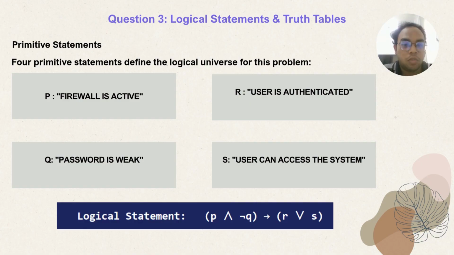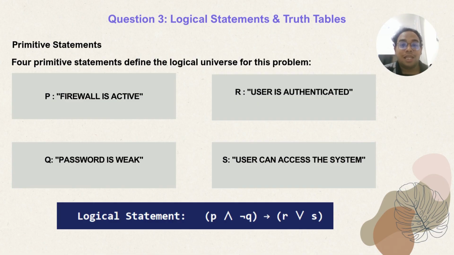Let's begin. Before we build the truth table, we first need to understand what each primitive statement represents in this problem. There are four variables defined as follows. First, P: the firewall is active. Next, Q: the password is weak. R: the user is authenticated.